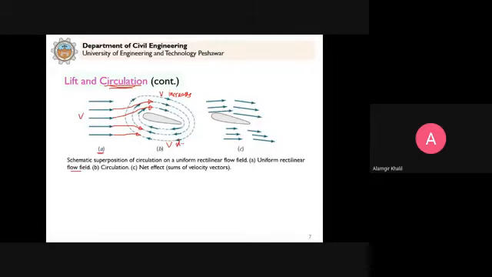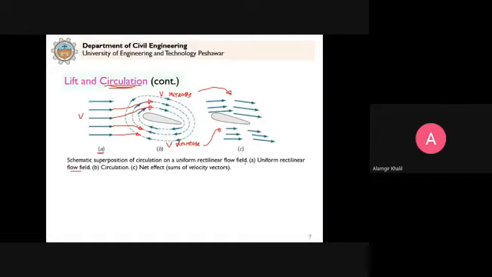So velocity decreases here as a result, and velocity increases at the top surface, which is why the velocity is shown by large vectors here. V increases here, and small vectors here show that the velocity decreases at the lower surface of this object.